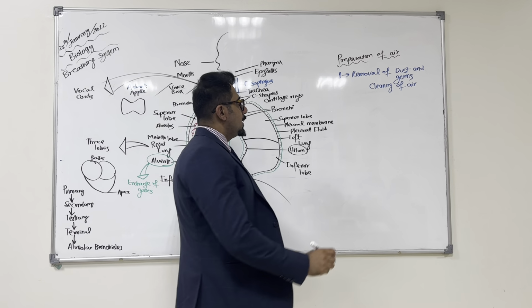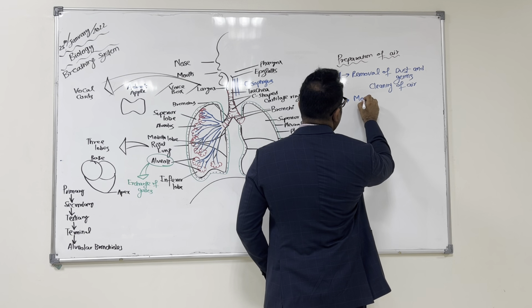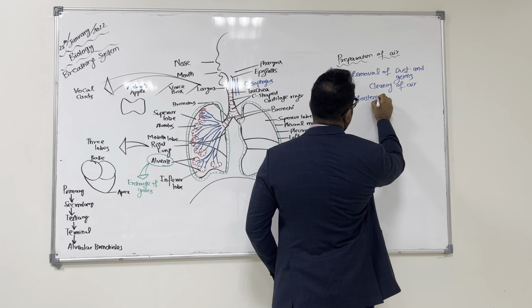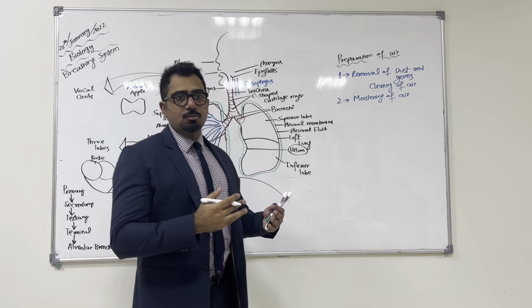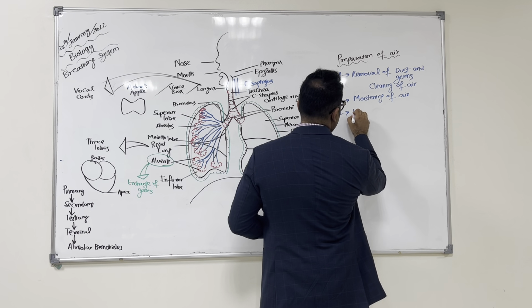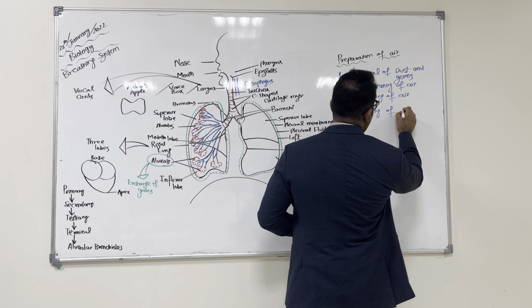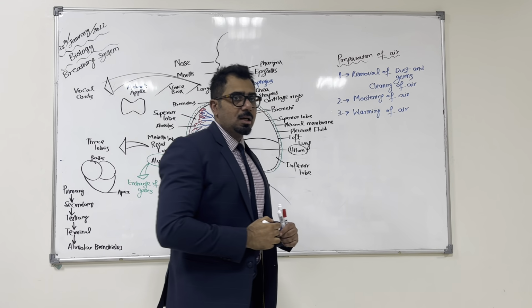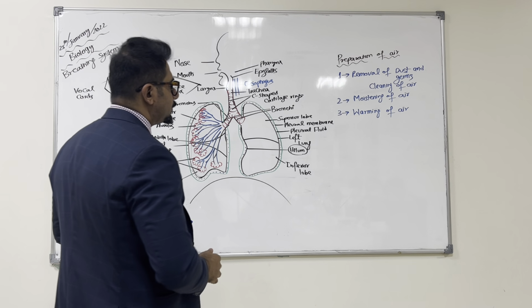Second is moistening of the air, and it includes adding water vapors. And third is warming of air. As I just discussed with you guys, right now the temperature is 11 degrees, so the air must be warmed accordingly.